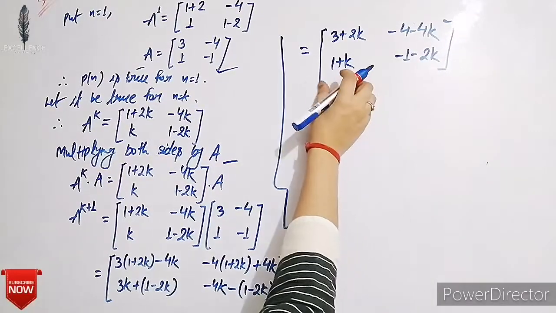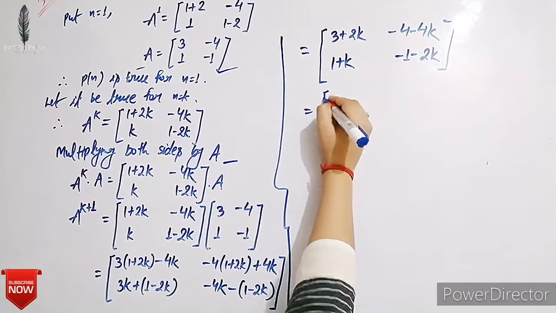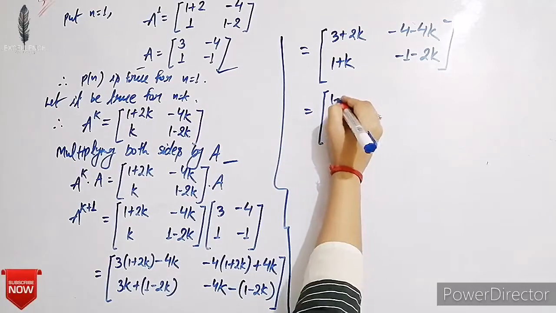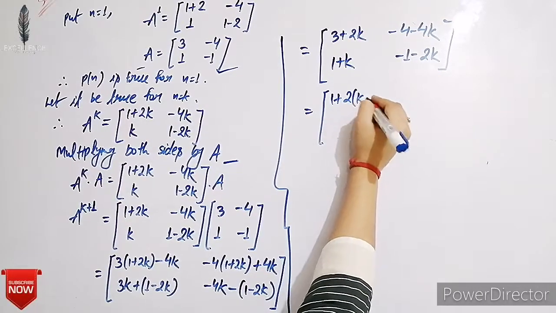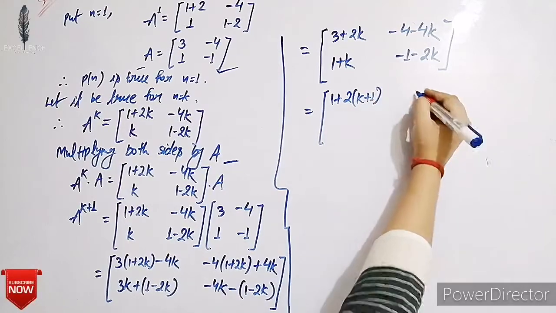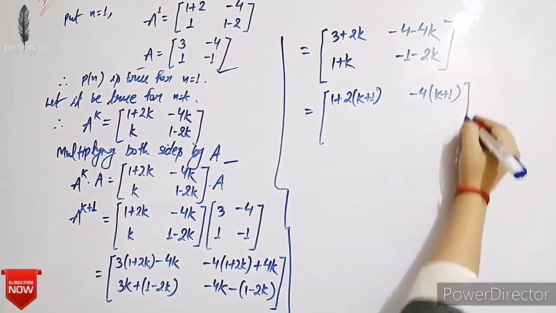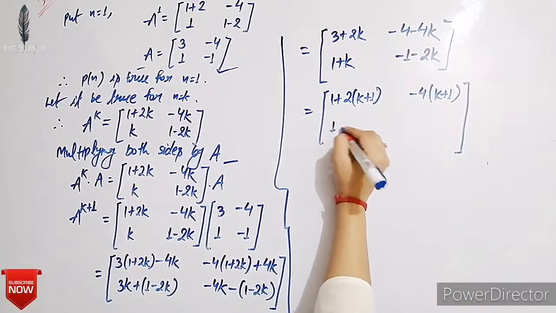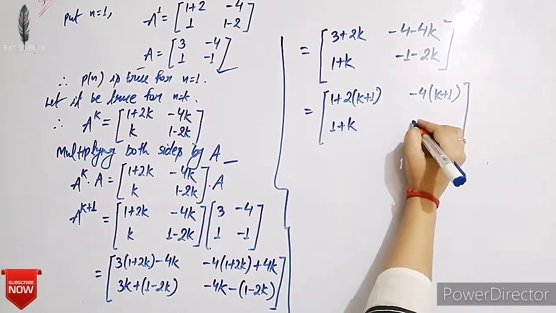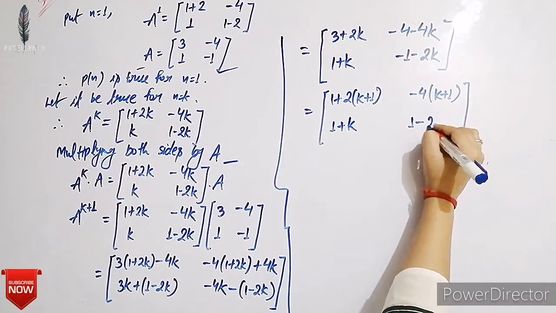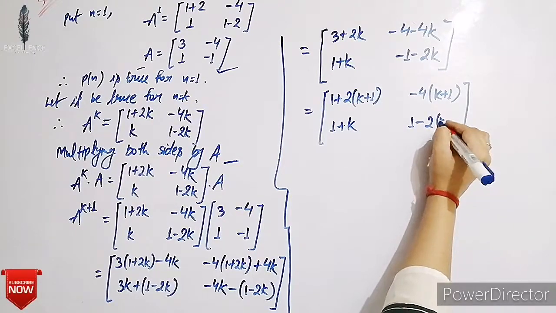It can be written in k plus 1 form as [1 plus 2 into (k plus 1), minus 4 common, that is k plus 1; k plus 1, that is 1 plus k, and last is 1 minus 2 common, then we have k plus 1].